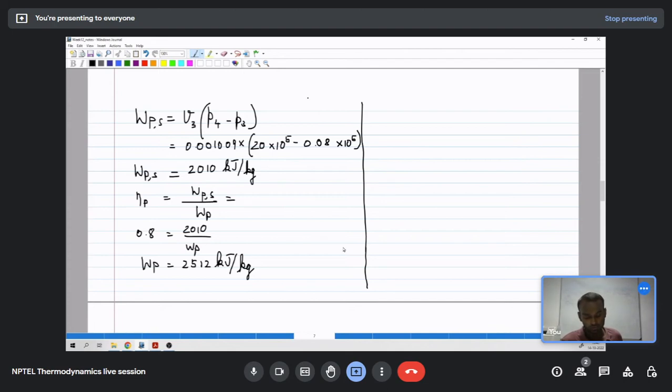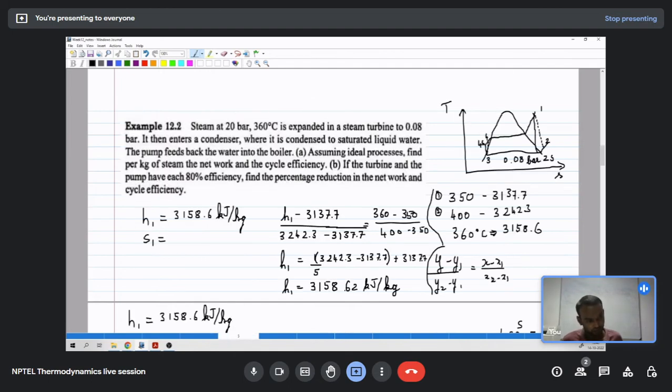Now we will need the enthalpy at this higher pressure. That is the entry of the boiler, which can be 4s or 4.